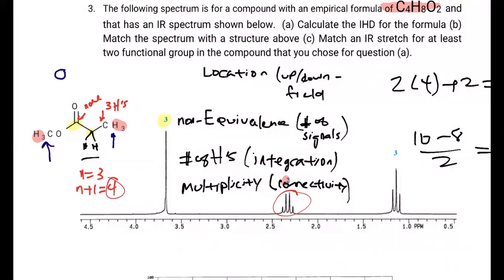There's an oxygen, and then it's bonded to a carbon that has 3 hydrogens on it. So the fact that the carbon right here is bonded to oxygen, that's going to cause a downfield shift for those protons. So that's why it's so far down. So this can be downfield due to oxygen.